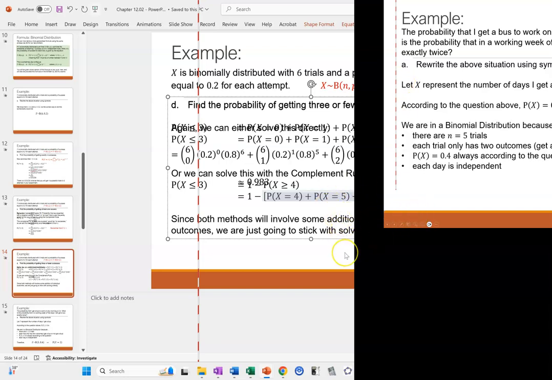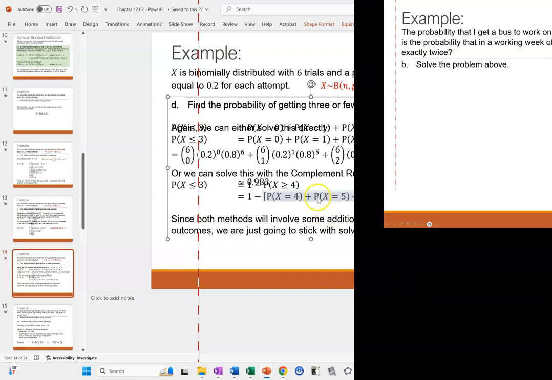There are 5 days in the week, so that's n. So x is binomial distributed with 5 and 0.4, and we're interested in the probability of x equal to 2. So just plug them into the binomial distribution formula, grind that through on the calculator, and there you go.